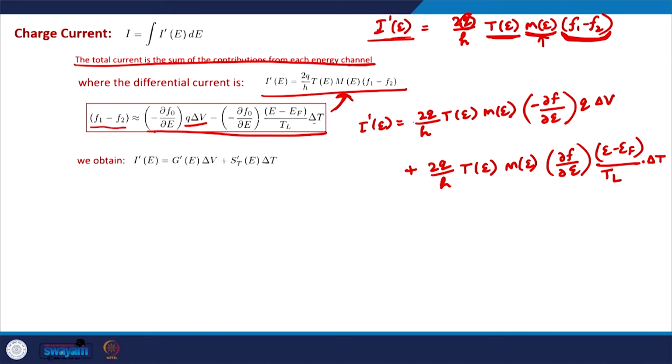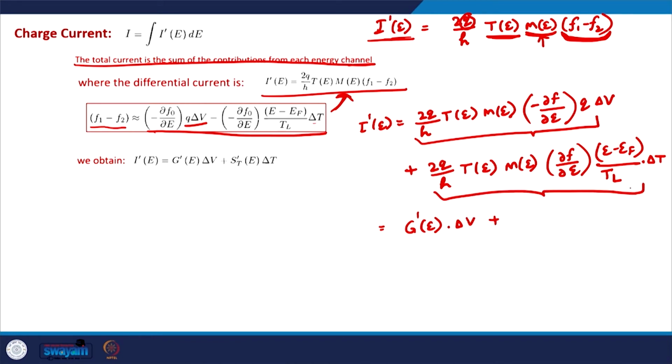So here now this thing is known as the conductance function, and this thing is represented as St times delta T. So St actually is related to the Soret coefficient, it is related to the electrothermal diffusion, which means electrical diffusion due to thermal energy due to temperature difference.